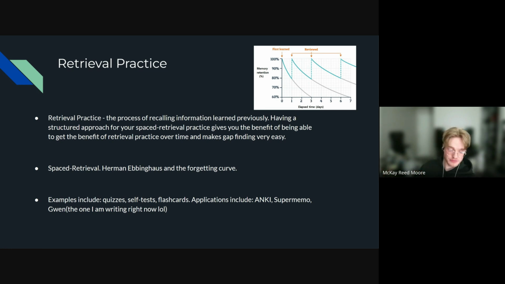So the academic history of this concept of retrieval practice doesn't actually connect back to Hermann Ebbinghaus, but Hermann Ebbinghaus did this study where he would memorize nonsense syllables. That's probably the best way to put it.